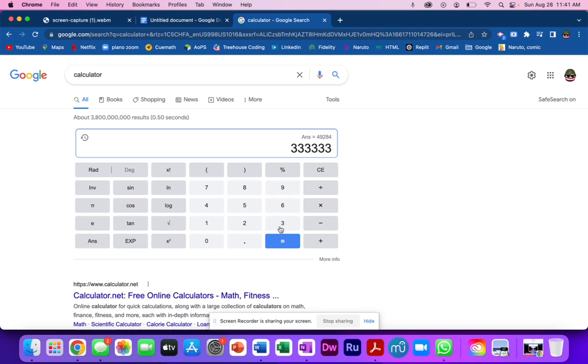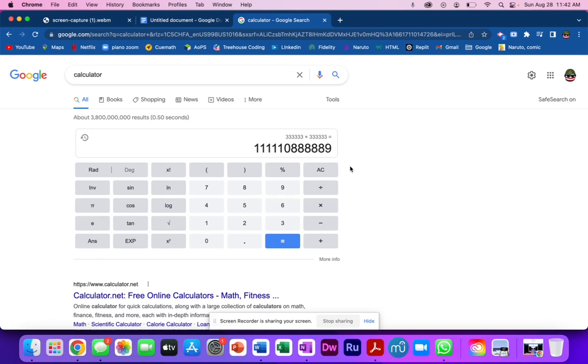I have a feeling it adds up to 10. Yeah, that's all regrouping. I didn't want to do all that regrouping. Anyways, it's pretty simple.